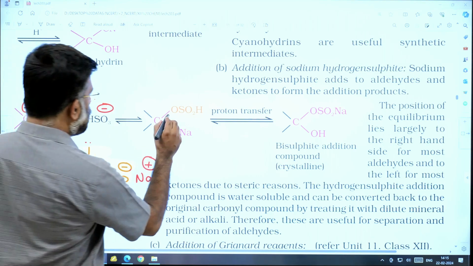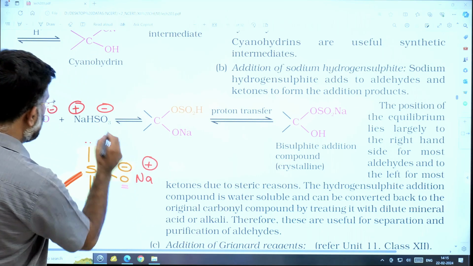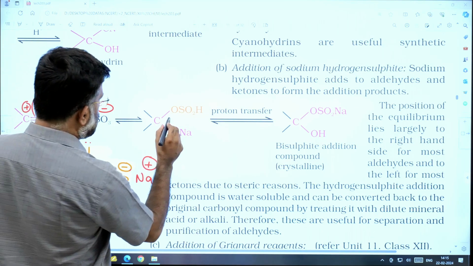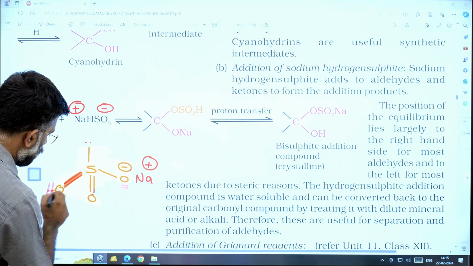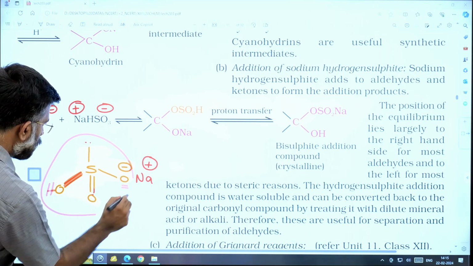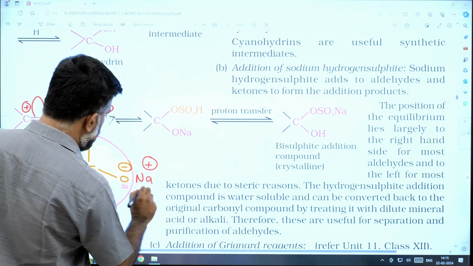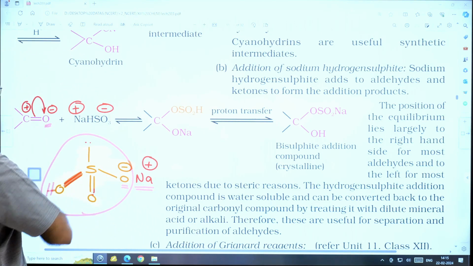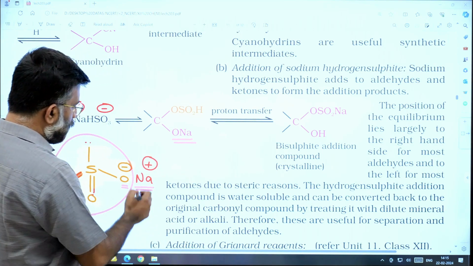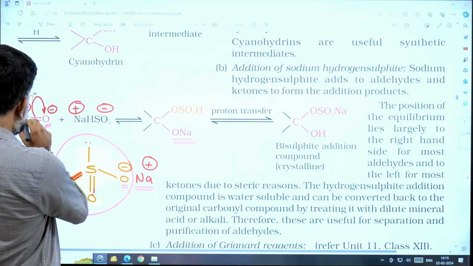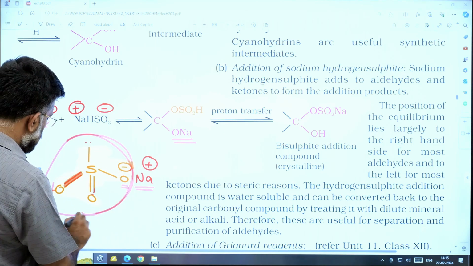This is the unit which is attacking the C plus center, OSO2H. This group will be acting as the nucleophile and Na plus will be coming with the oxygen. So you get O minus turn ONa and C plus connected with this nucleophile.